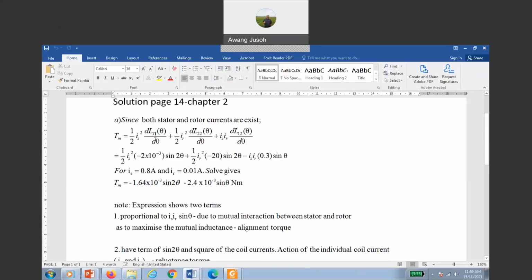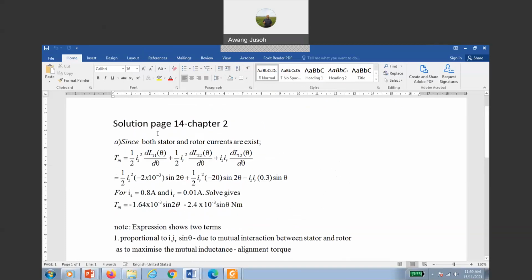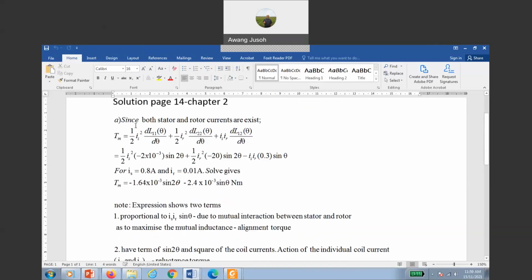Okay, so this is a general equation for the circuit just now. The first part produces the torque due to the stator current. We call it the reluctance torque at the stator side, and this is the reluctance torque at the rotor side, and we have the mutual inductance, which gives the alignment torque. And then you can substitute all these things. That means you can differentiate L11, you can differentiate L22 with respect to theta, and we differentiate L12 with respect to theta, then we get this answer.